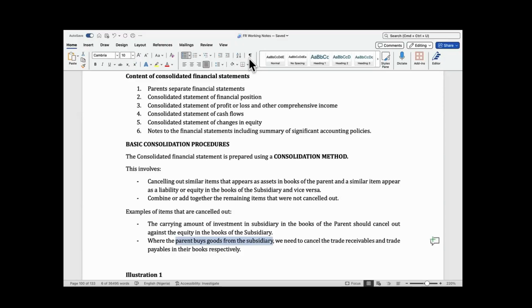And of course, IAS 1 also went ahead to mention examples of items that are not offsetting.